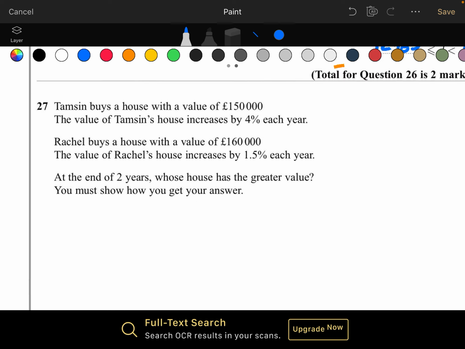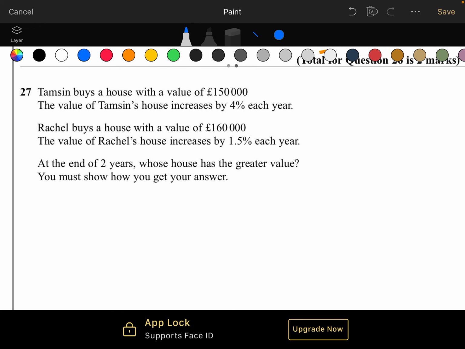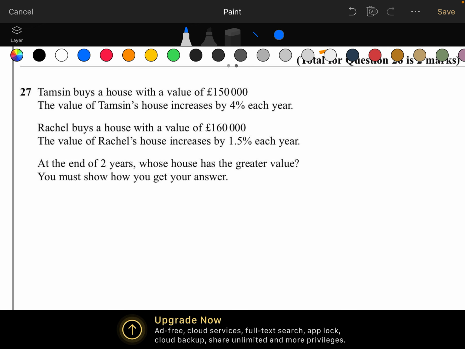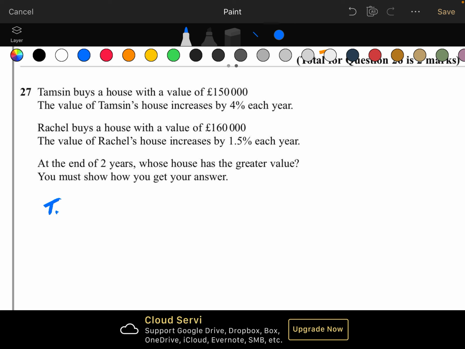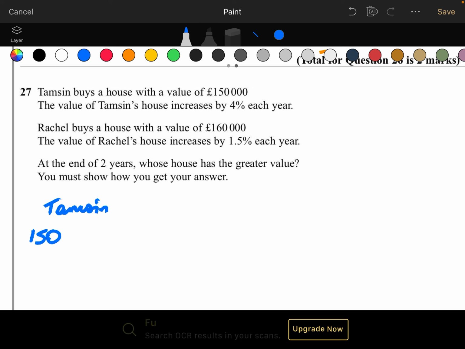Now this is compound increase because it's increasing by the new amount each year. So for compound, what I'm going to do for each person is the same, but obviously my numbers are different. So Tamsin, it's 150,000 times by, and I've got to find the multiplier for 4%.